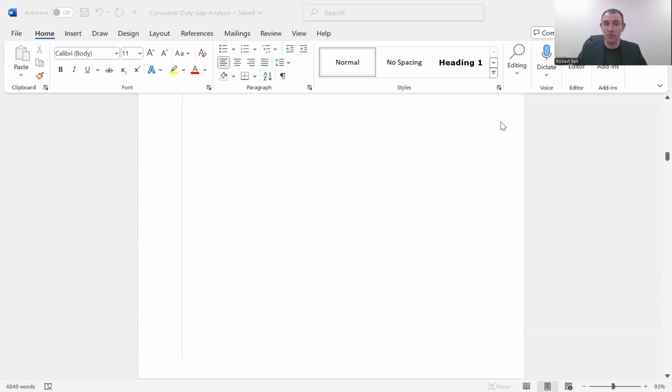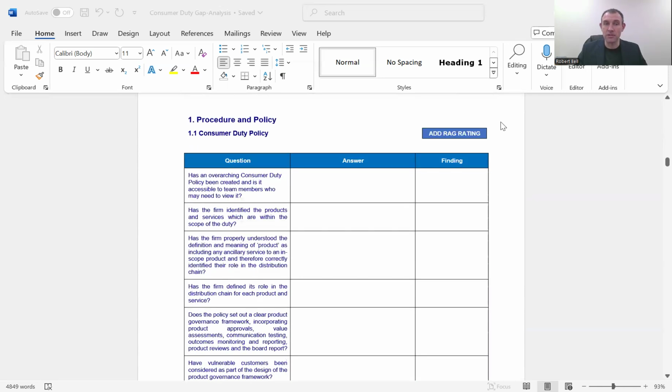In each area, we'll have really detailed questions, checking that your, in this case, consumer duty policy hits the right markers, hits what the regulator is after. And we've reviewed this, I should say, really, following the recent feedback around payment services firms, and also good and poor practices in relation to value and outcomes monitoring earlier in this year as well.